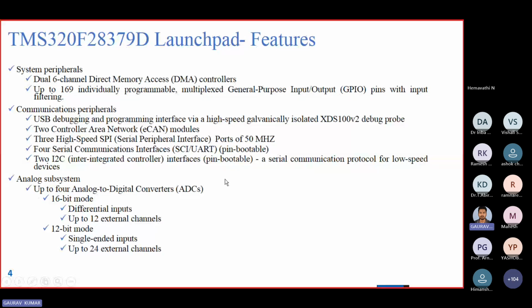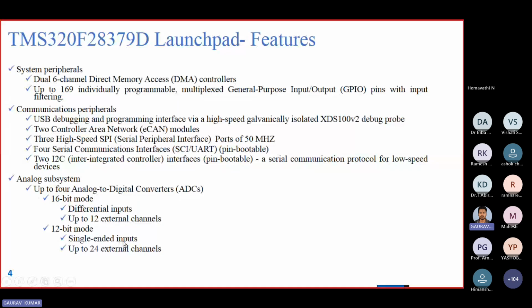Okay. Now we go for the analog subsystem. In the F2837xD, we have four ADC modules, and from the ADC modules we can sense the analog input. The input can be of two types: single-ended input and differential input.